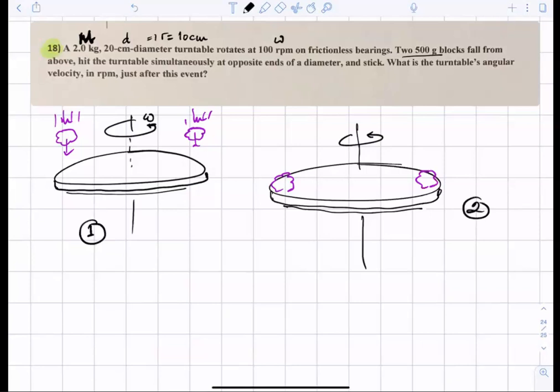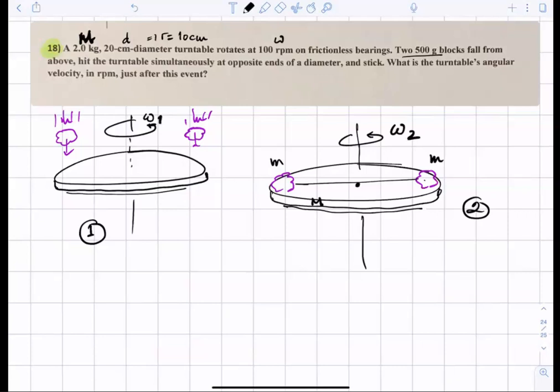They hit the turntable simultaneously at the opposite ends of the diameter. And they stick. What is the turntable angular velocity in RPM just after this event? Essentially they ask you, what is the omega 2, assuming that this is omega 1, after this happens?